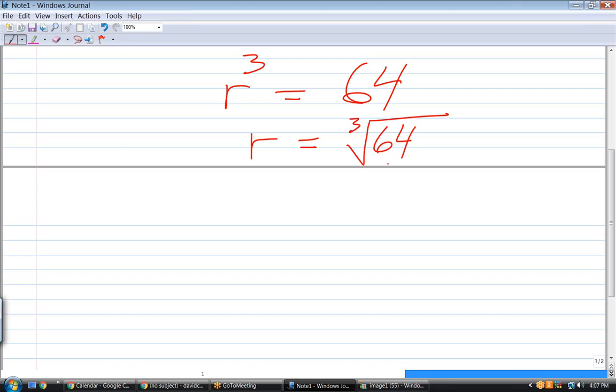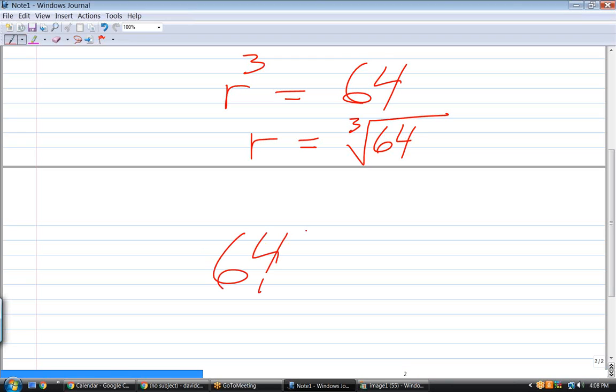You have your calculator in front of you? What you really want to do is 64 raised to the 1/3 power in parentheses. So that's 4. 4 times 4 times 4 is 64.